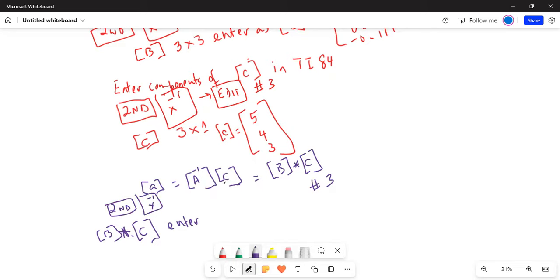Number 2 is matrix B. Okay, and you'll get matrix B on your calculator screen.